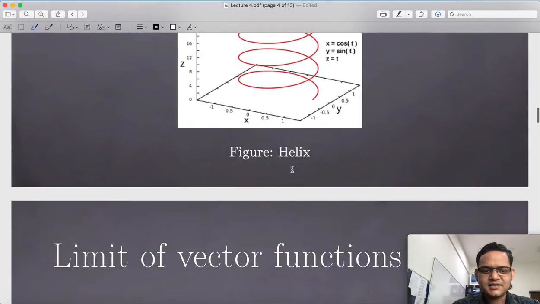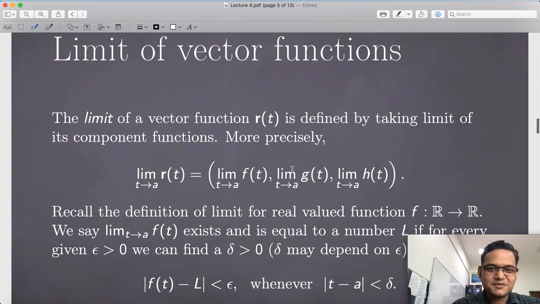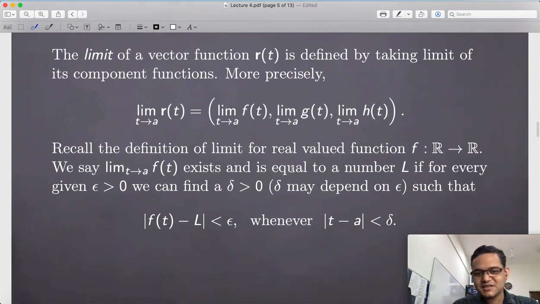So let us define what we mean by a limit. This often becomes a problematic part in calculus 1 when somebody talks about the epsilon delta definition. Don't worry about it, because you are already comfortable with that. And frankly speaking, we won't be using much of this approach.